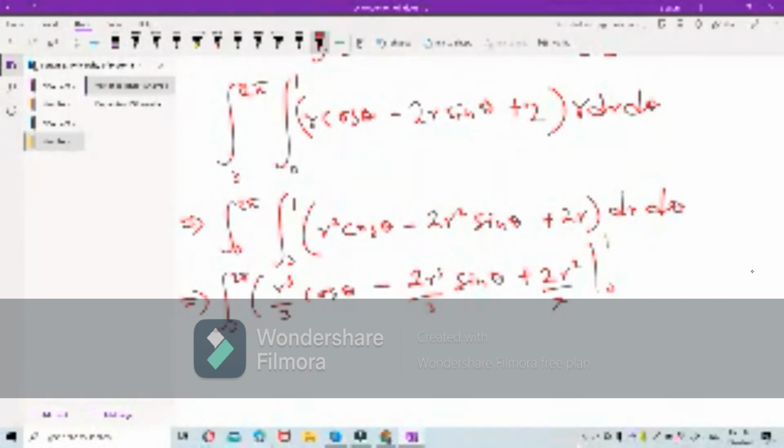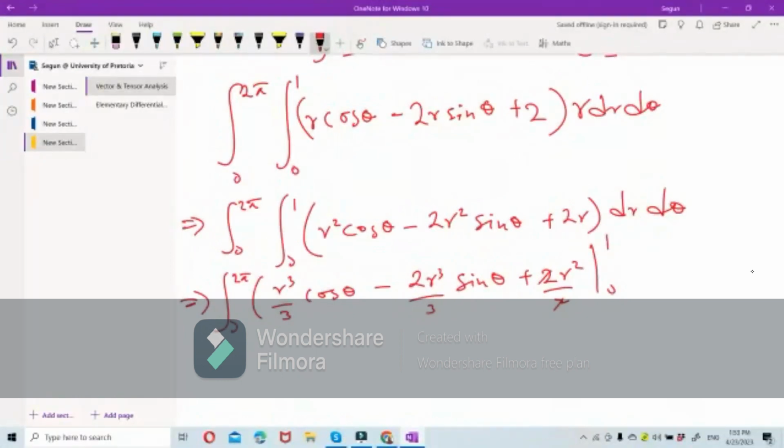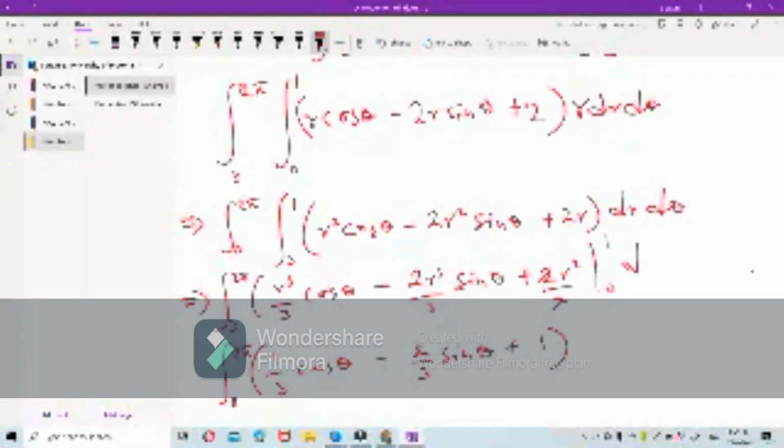I know this one will cancel this, and that's the only thing that cancels. Then I can now substitute 1, upper limit minus lower limit. When you substitute 1, you will have 1 over 3 cos theta minus 2 over 3 sine theta plus 1. Everything multiplied by d theta.